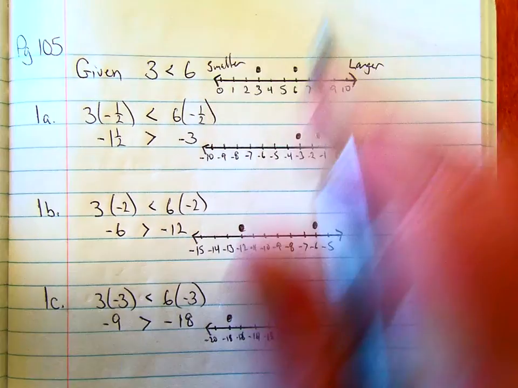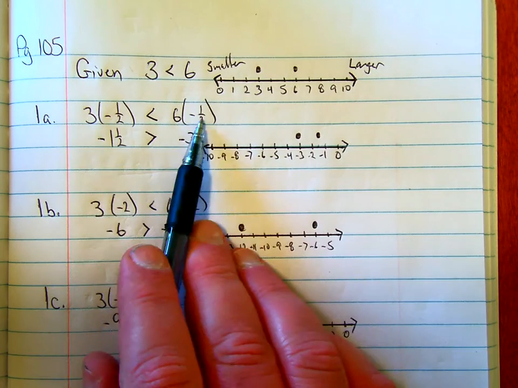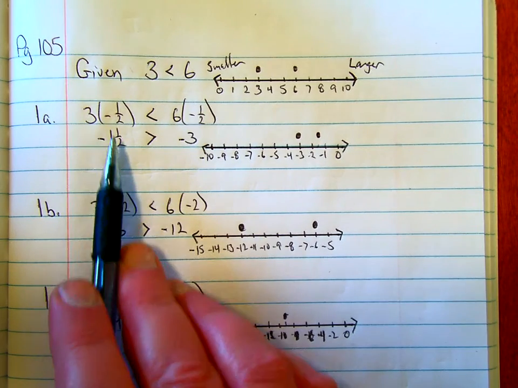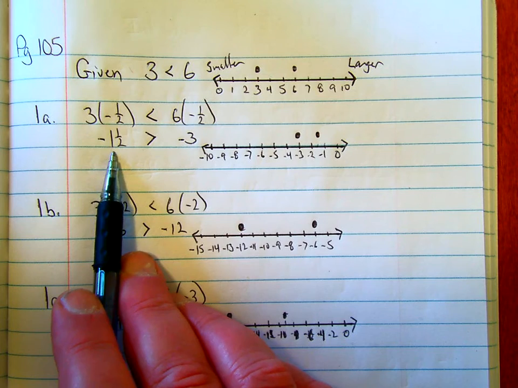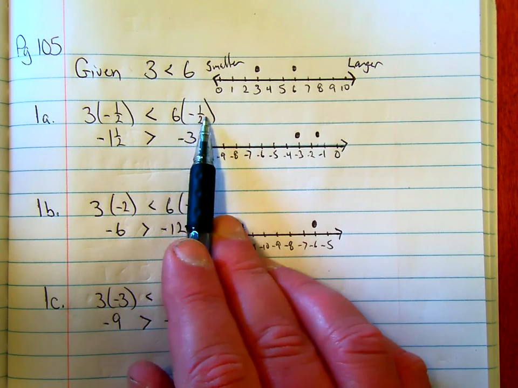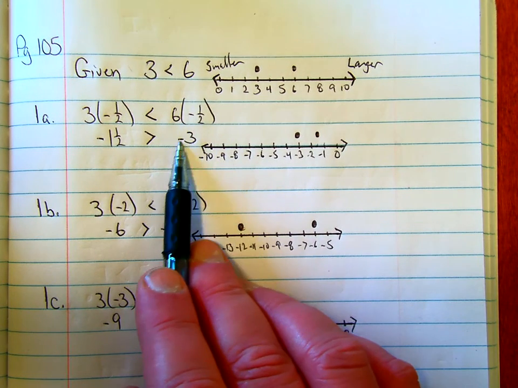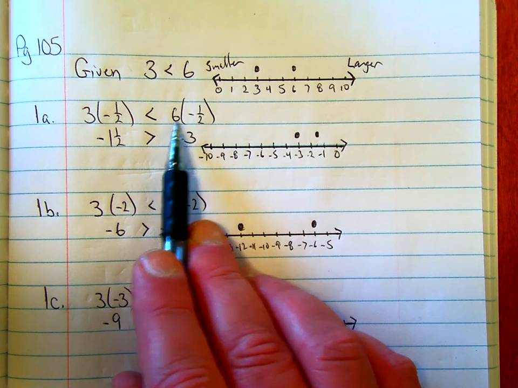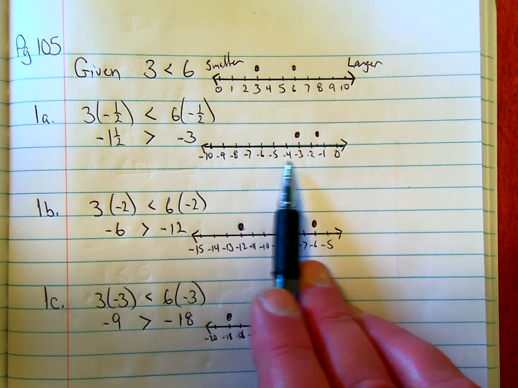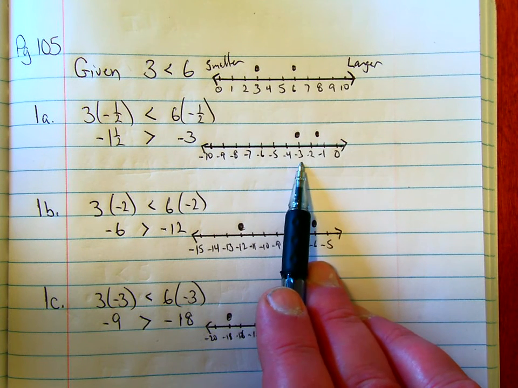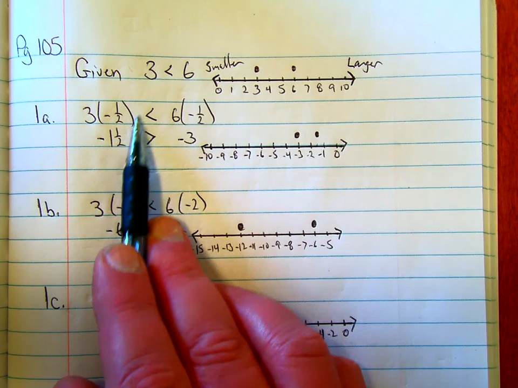If I multiply both sides by -1/2, positive times a negative is a negative, 3 times -1/2 is -1.5. 6 times -1/2, positive times negative is negative, half of 6 is -3. If I graph those on the number line, again, -3 is smaller than -1.5. So our inequality sign changed direction.